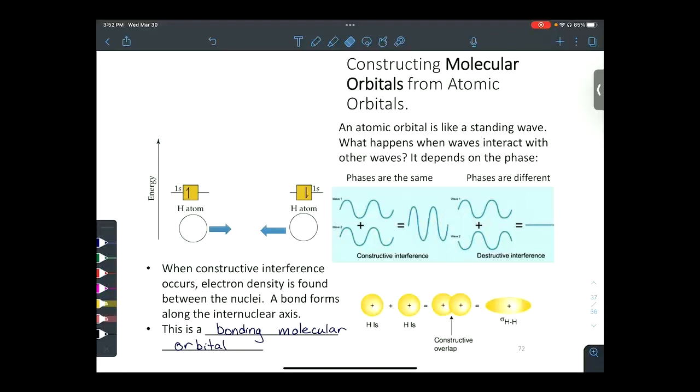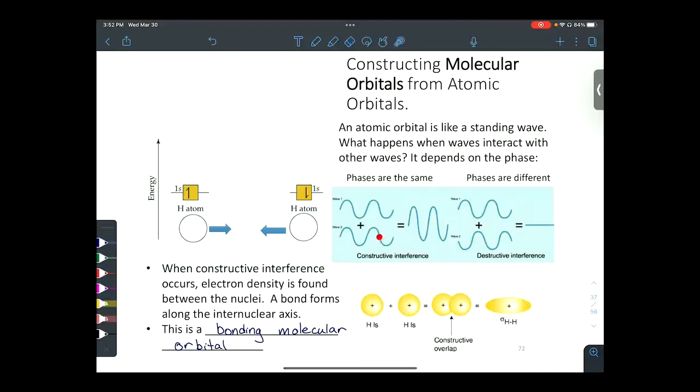If I combine two atomic orbitals in MO theory, how many molecular orbitals do I get out? 2. If I combine 5 atomic orbitals, how many MOs do I get out? 5. Very good. I will show you those MOs.